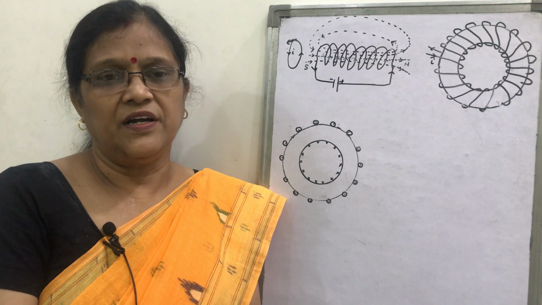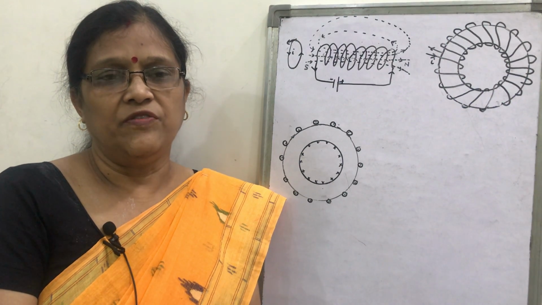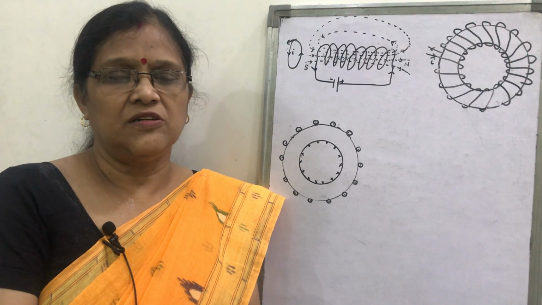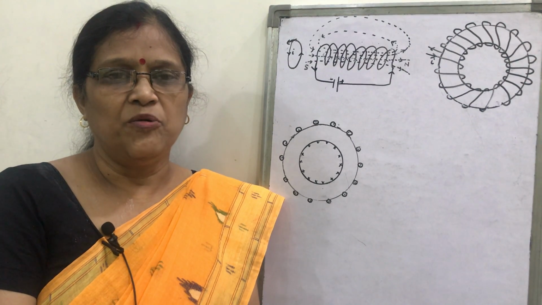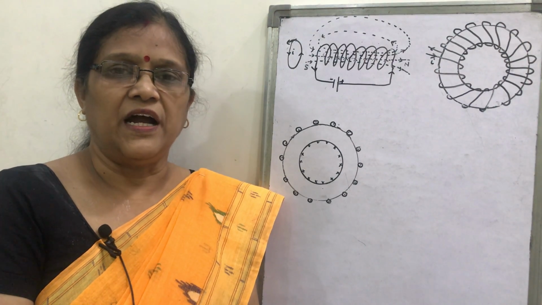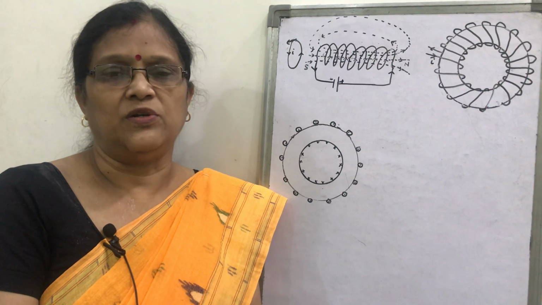So we have read about the magnetic field of a solenoid, and today we will derive the expression for another solenoid, where both the ends of the solenoid are joined, that is an endless solenoid, and it is also named the toroidal solenoid.